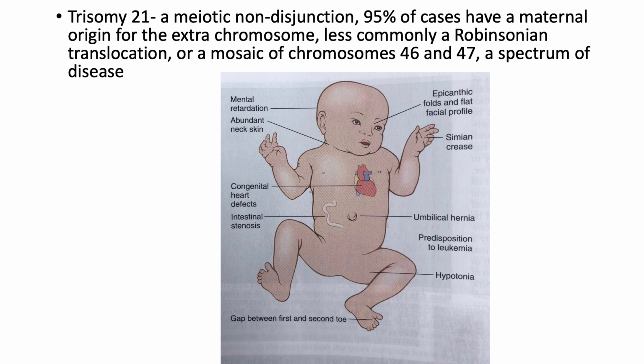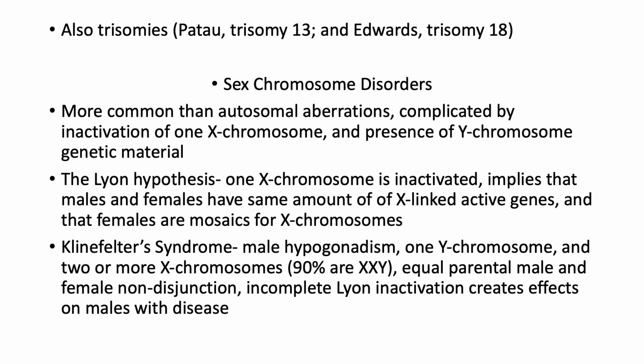A spectrum of disease occurs where you have mental retardation, abundant neck skin, epicanthic folds and flat facial profile, simian crease in the palm, congenital heart defects, intestinal stenosis, umbilical hernia, predisposition to leukemia, hypotonia, and a gap between the first and second toe. You can also have other trisomies. Patau is trisomy 13, and Edwards syndrome is trisomy 18.